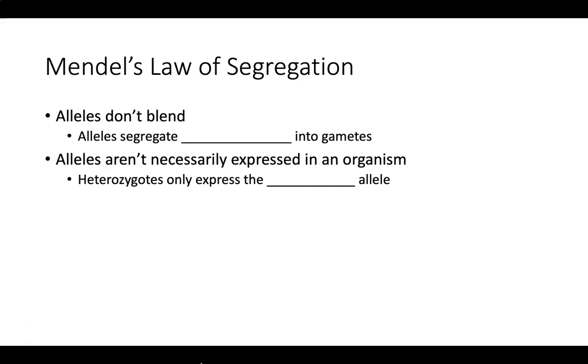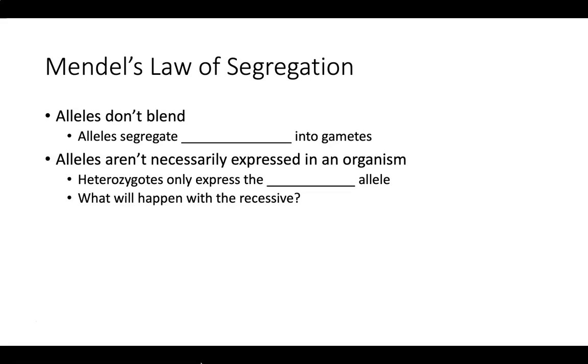So heterozygotes, remember, those are the organisms that inherit two different alleles, two different copies of the gene. Heterozygotes are only going to express the dominant allele. So what happens then to the recessive?